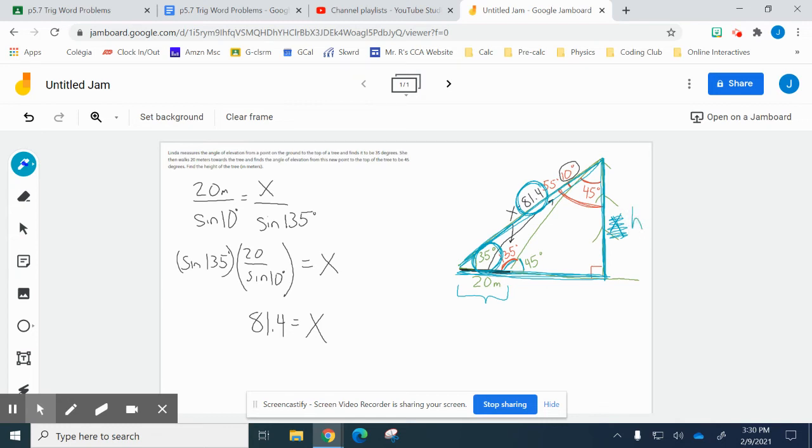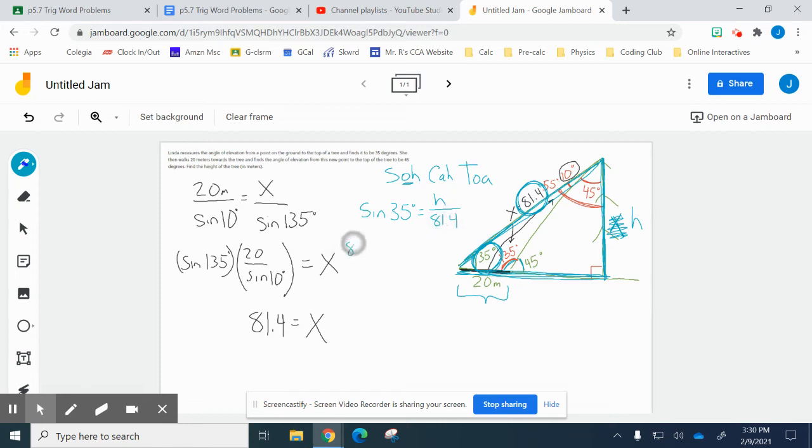All right, so we know an angle. We could use the 10, but actually, we could use 55, or we could use 35. So we're going to use 35. h is the opposite, right? So let's remember those trig functions for right triangles. SOH CAH TOA, right? And h is the opposite, so we're going to use the sine of 35 degrees equals the opposite leg, h, over the hypotenuse, 81.4.